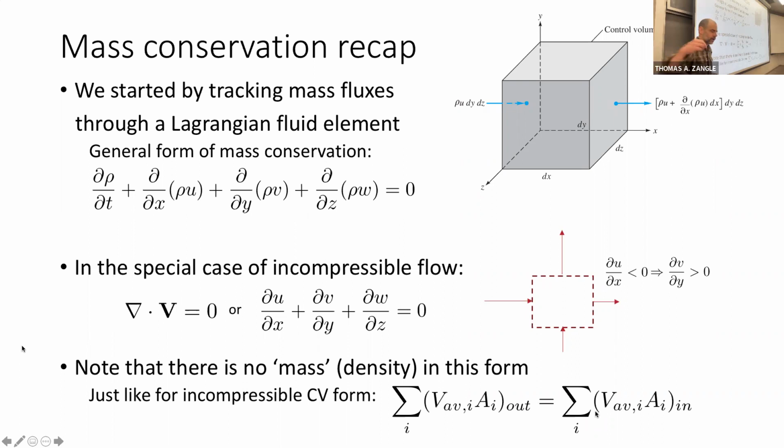So this is like for incompressible control volume form, we said that the sum of the velocities times the areas out is equal to the sum of velocities times the areas in. And again, remember, rho dropped out of the incompressible form of our control volume continuity or mass conservation equation. The same thing is true in differential form.